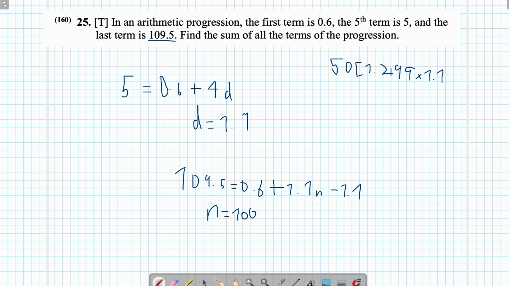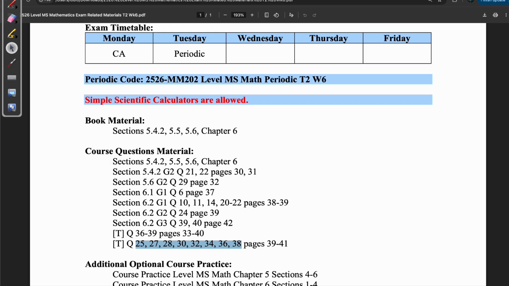You plug that into the calculator. 50 times 1.2 plus 99 times 1.1, you get 5505. On to the next question, which is number 27.